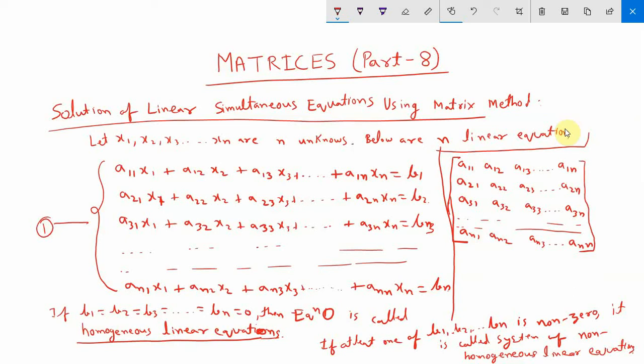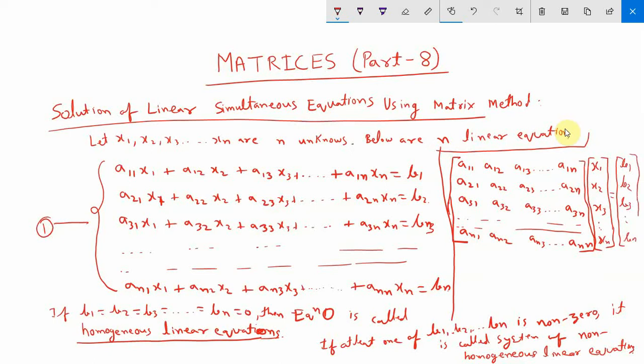The other matrix will be, when we multiply with this, so this is also a matrix: x1, x2, x3, up to xn. And the RHS we will also write in matrix form. So it will be b1, b2, b3 up to bn.